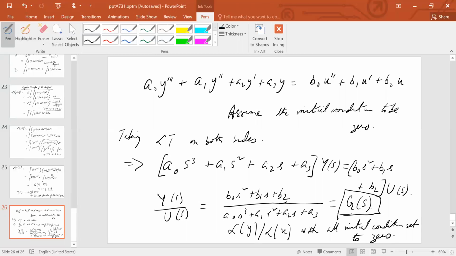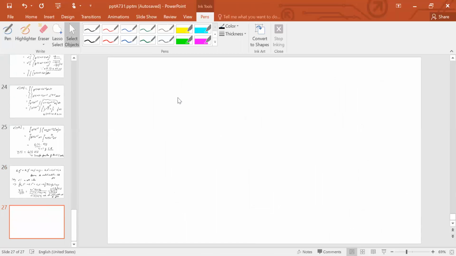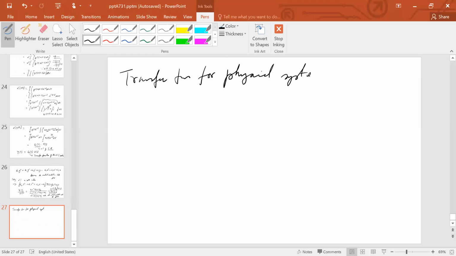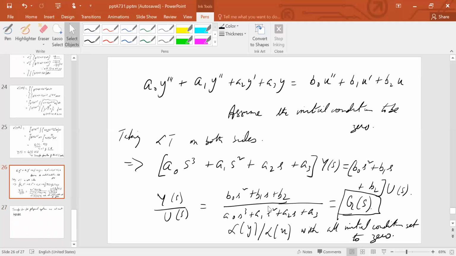Typically, transfer functions for physical systems are at most biproper. What do I mean by that? You see, there's a polynomial. In this case, it's a quadratic polynomial in the numerator and a cubic polynomial in the denominator, right?